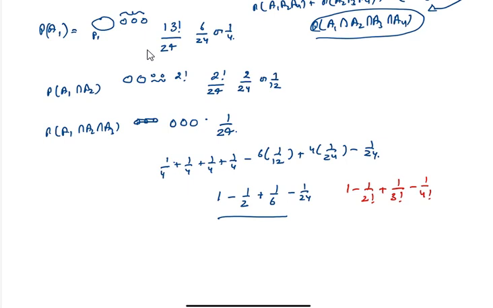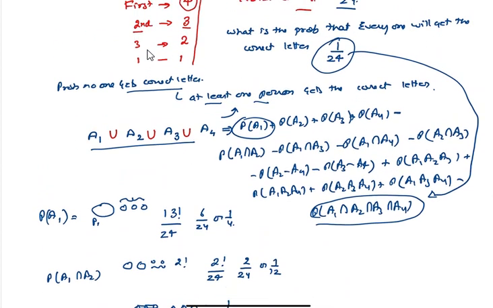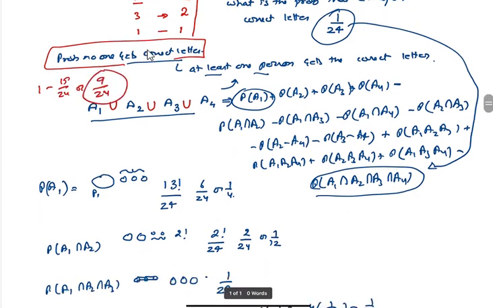If you do this, you will come out to be 15 out of 24, and the event that you were trying to find out, no one gets the correct letter, is going to be 1 minus 15 out of 24, or 9 out of 24. That will be your final answer.